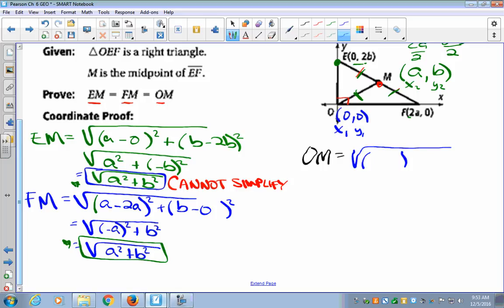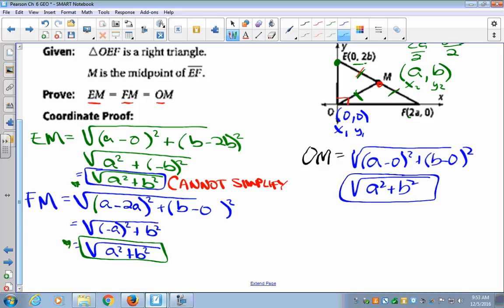And OM is going to be A minus 0 and B minus 0, each one squared. That gives us A squared and B squared added together.